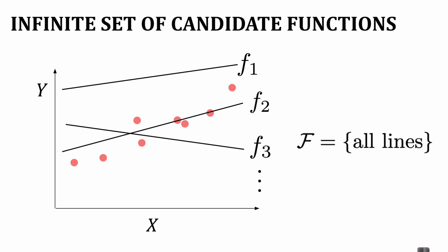So here I've drawn three different lines, f1, f2, and f3, but we could imagine there are a lot of other lines that we could also consider as candidates. For any slope and any intercept, we could draw a line. You could draw all the possible lines here, and it would totally fill the page, but that's what we're talking about when we say script f is the set of all lines, and we want to know which of these lines is the one that best fits the data. So this is our set of candidates.